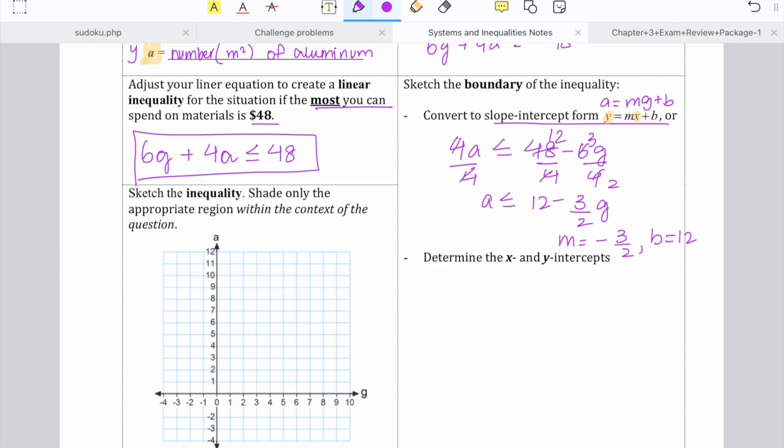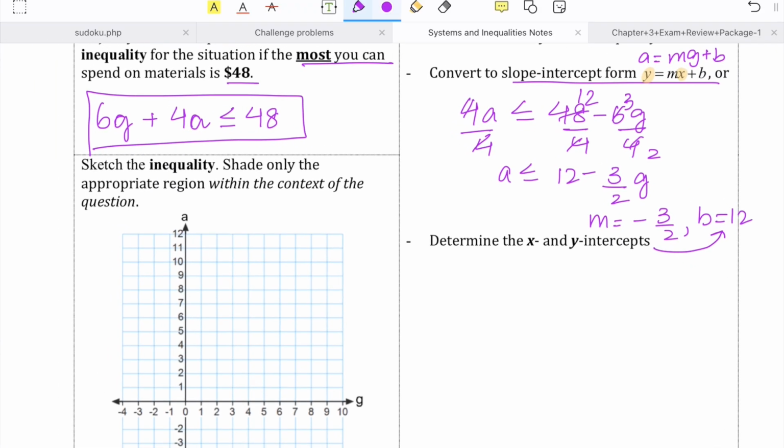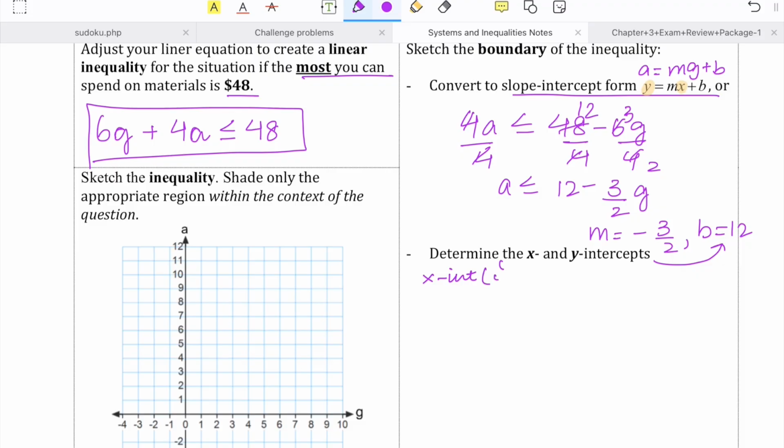Your x and y intercepts. What is your y-intercept? B, right? So you have 12 already. To find your x-intercept is when y is equal to 0. So we'll input that. Y in this case is a, so a is 0. I'm going to put that in.